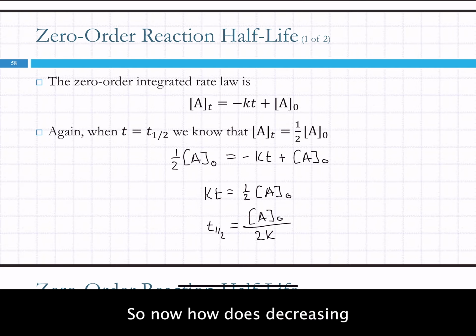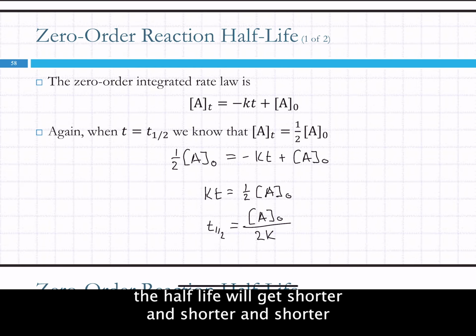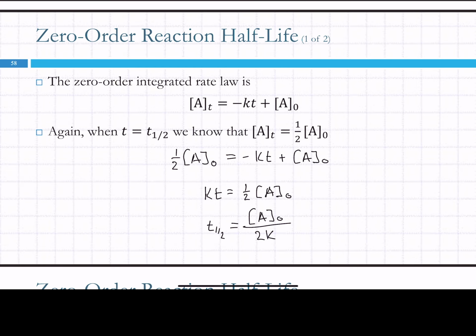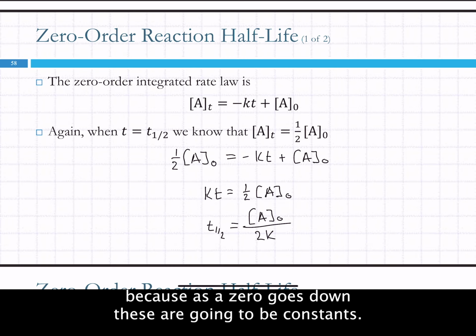So now how does decreasing concentration affect the half-life? Here the half-life will get shorter and shorter and shorter. Because as A0 goes down, these are going to be constants.